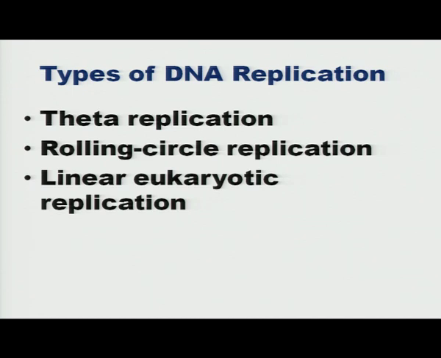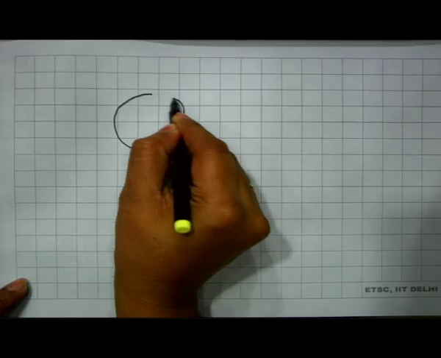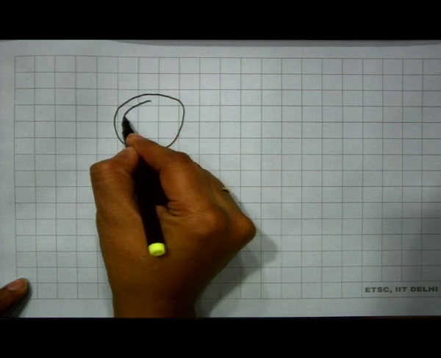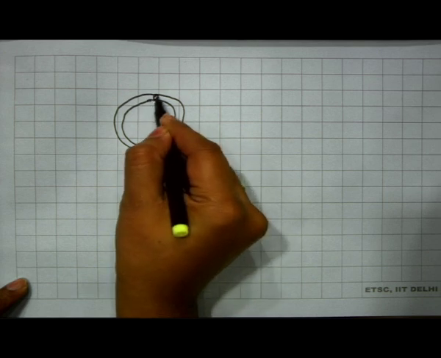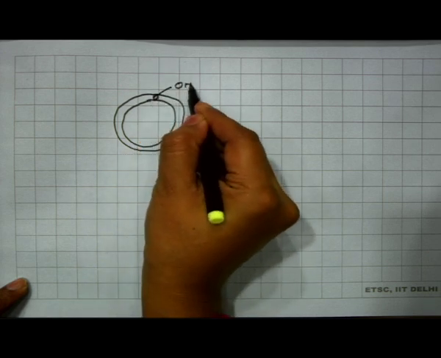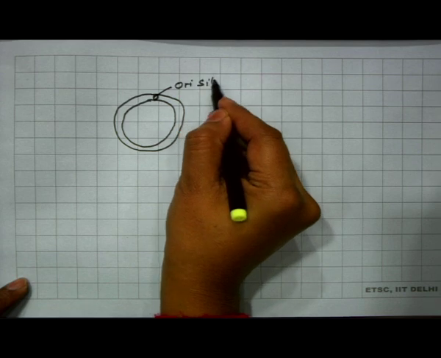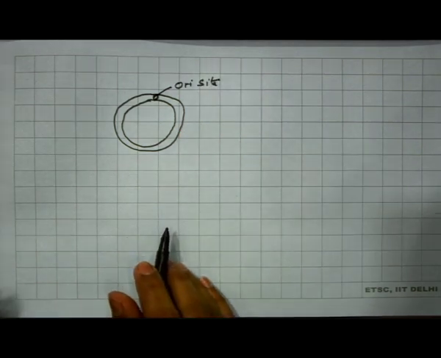Now, types of DNA replication. There are three main types of DNA replication. The first is theta replication. In case of theta replication, suppose the DNA is circular, as in the E. coli cell, and here is the ori, ori means from where the replication will begin.